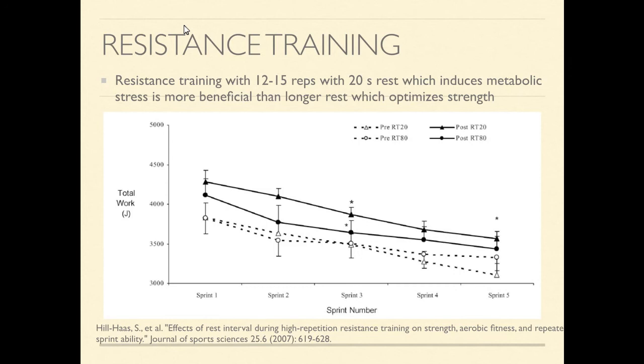However, when you rested 80 seconds, which is the closed circles before, to the dark circles after, their buffering capacity wasn't as great, so they didn't have as great of sustainability of repeated sprint ability with resistance training. But it's likely that you will increase your strength more if you're resting longer, which is better for the initial sprint.